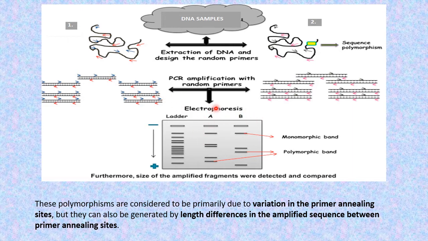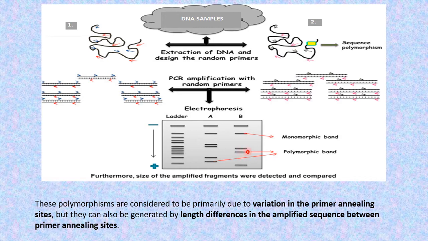So when we run the gel, that is by electrophoresis, when we separate these randomly produced fragments, we will obtain bands which may be monomorphic, that is of a single type, or they may be polymorphic bands.